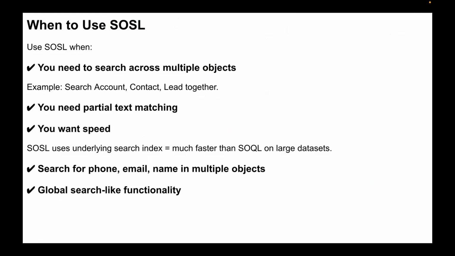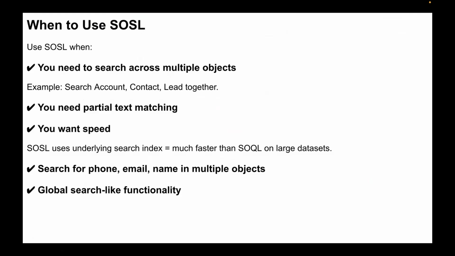Now let's understand when to use SOSL. You can use SOSL in Salesforce when you need to search across multiple objects. For example, you have a specific email address and you want to find it through the lead, the contact, and some custom object. Then SOSL comes into the picture.